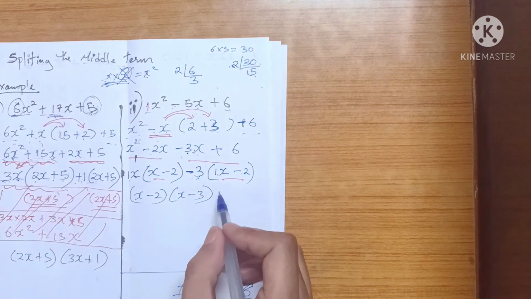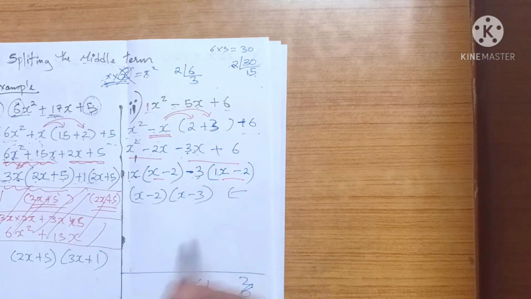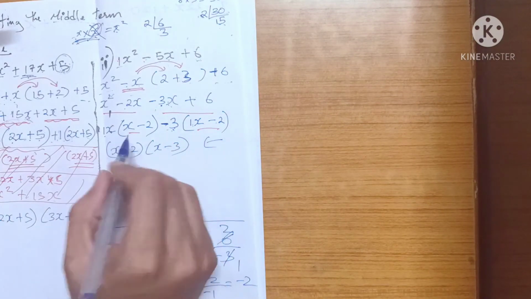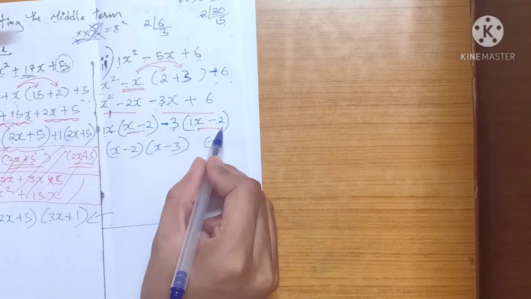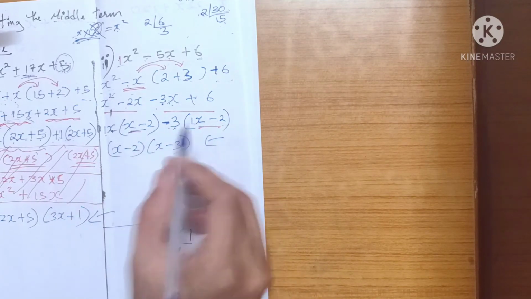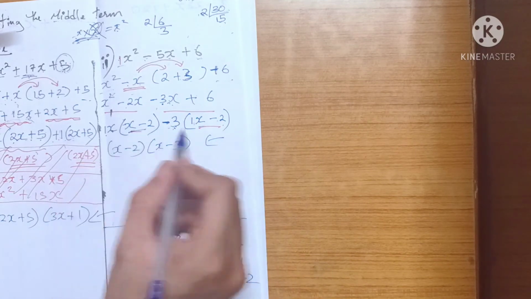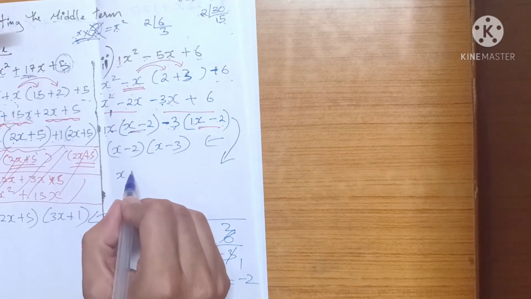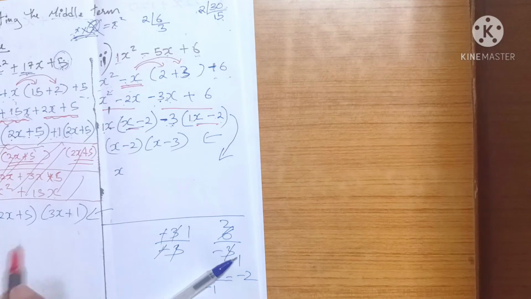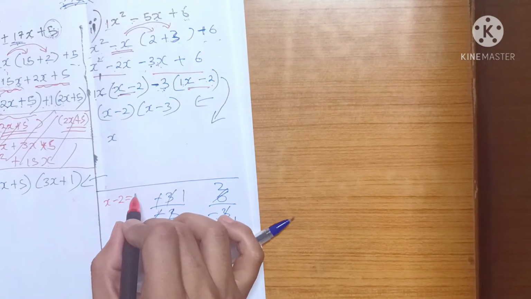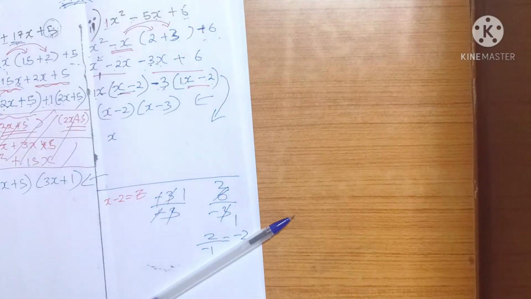Now let me tell you why this step is happening, okay? For example, in this particular question, since x minus 2 and x minus 2 are exactly the same, can I write this as x into, let's say x minus 2 is represented by z, okay?